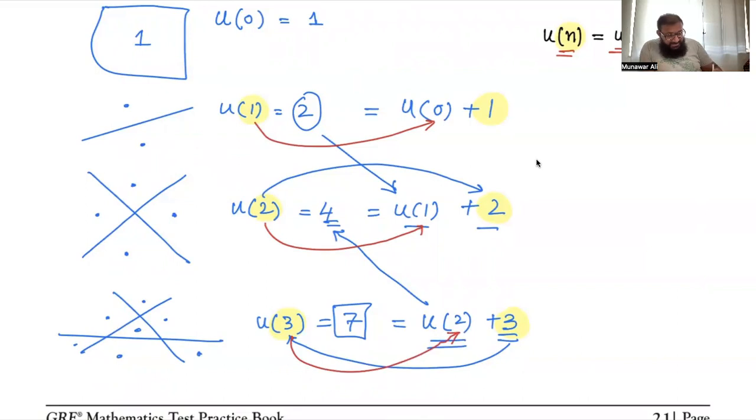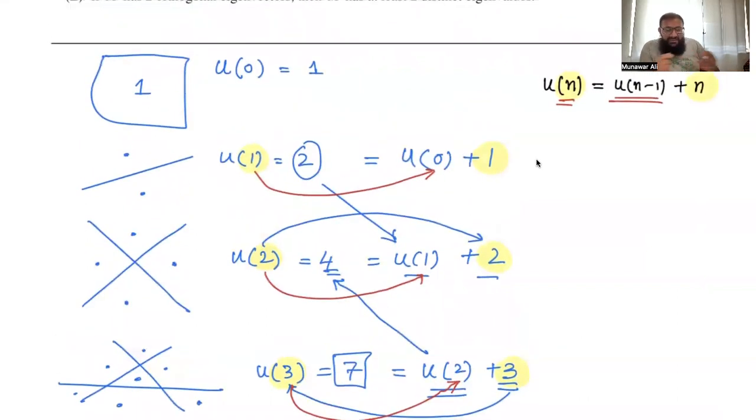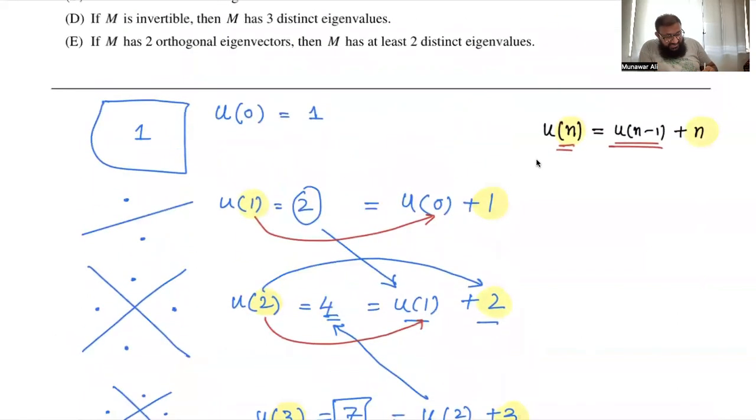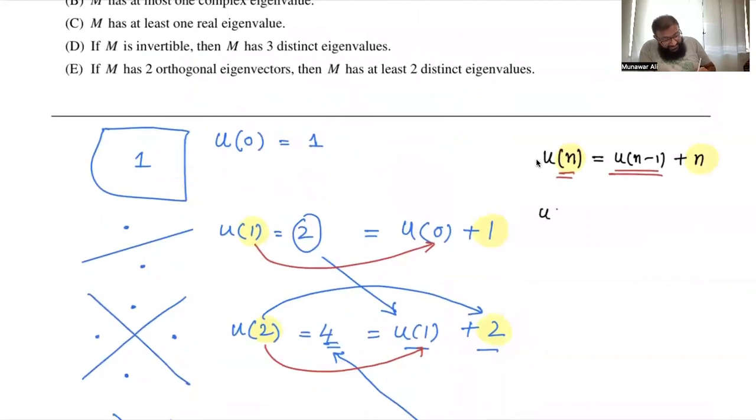Very good. So I have this general recurrence relationship, and with the help of this, I can do lots of things. It means I have u of n minus u of n minus 1 equals n. I can go ahead, one less would be u of n minus 1 minus u of n minus 2 equals n minus 1.